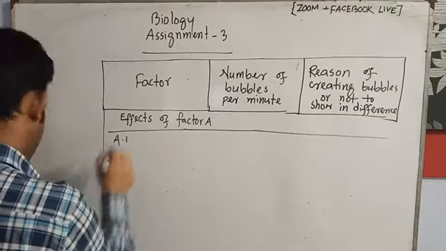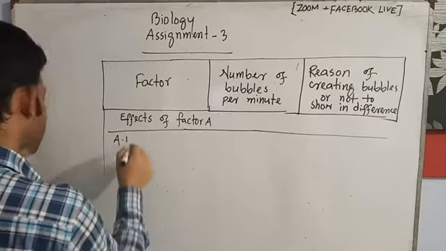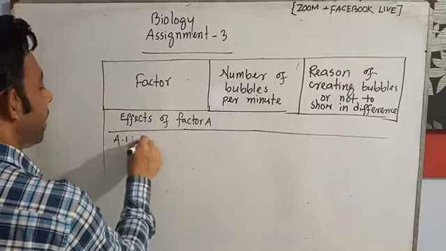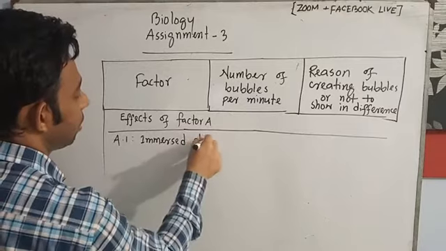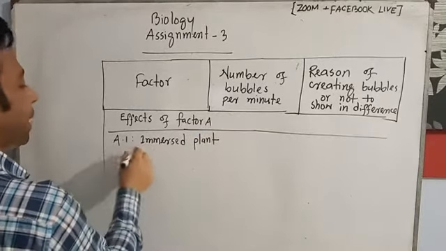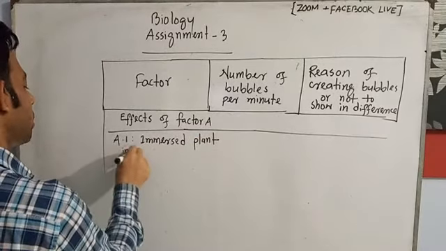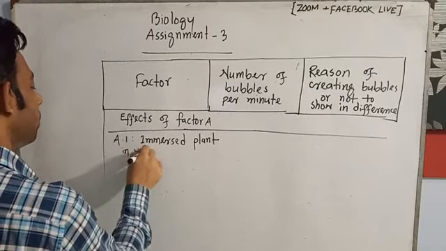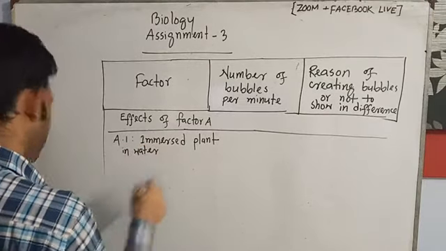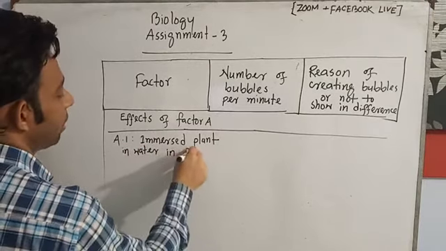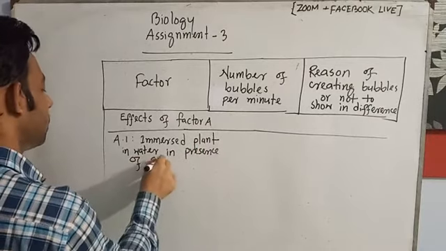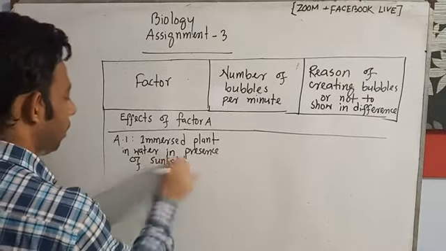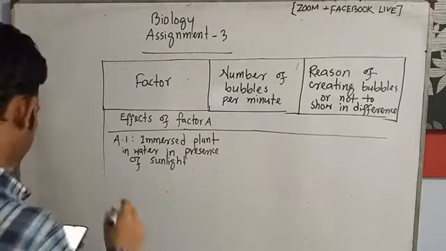A1: immersed plant in water in presence of sunlight. Okay, first one.